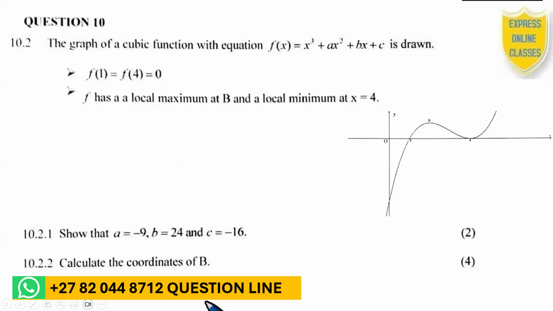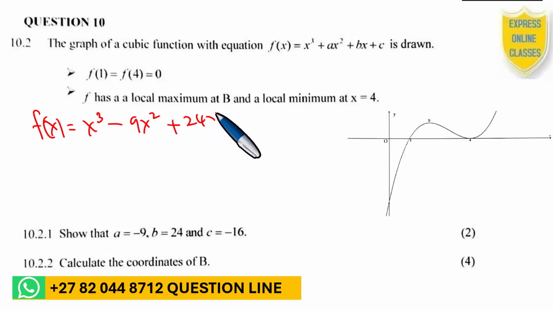To find the coordinates of B, we take f of x, which is x cubed minus 9x squared plus 24x minus 16.